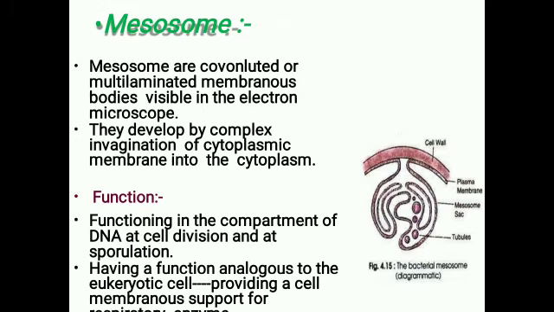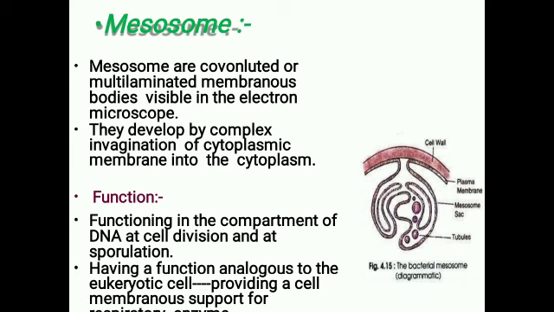Next one is mesosomes. Mesosomes are minute membranous bodies visible under the electron microscope. They develop by the complex invagination of the cytoplasmic membrane into the cytoplasm.